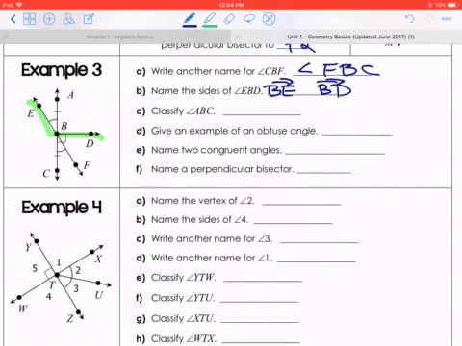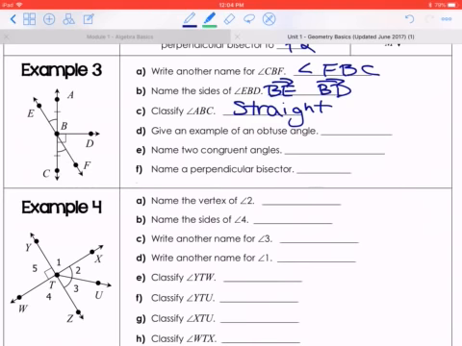Let's go to C. We're going to classify angle ABC. So again, if we look, angle ABC makes a straight line, therefore that is a straight angle. In D, give an example of an obtuse angle. So a different way to ask the question. Now they're telling us obtuse, and so you have to find one that is an obtuse angle.